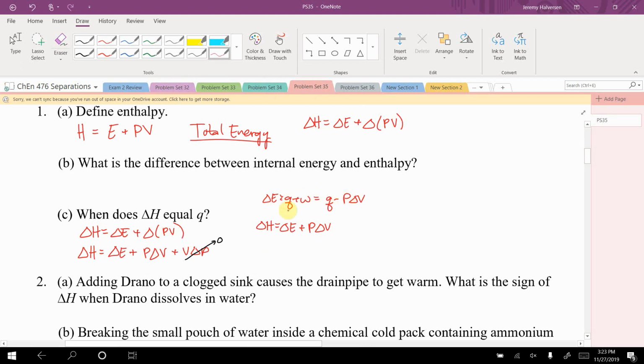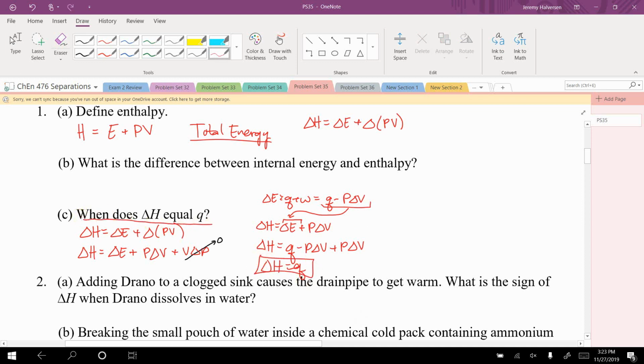So then I could replace this energy right here with this term right here. And that gives me delta H equals Q minus P delta V plus P delta V. Hopefully you can see that is just delta H equals Q. And so the question is, when is that true?